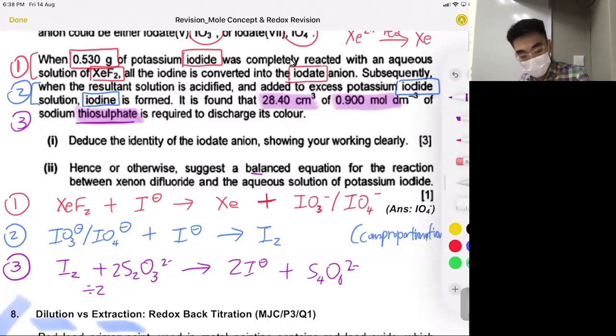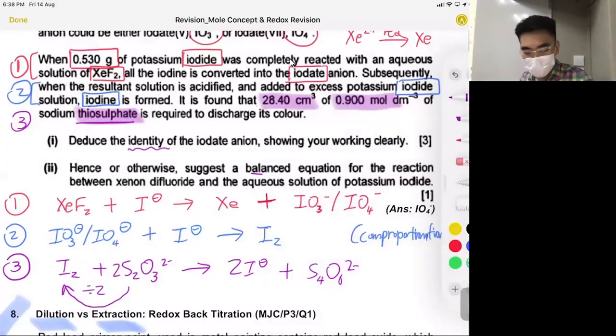So what's the objective of this question? If you read part A or part 1, they say deduce the identity. So I know this iodine moles here. That's why I'm circling here. I know the moles. I can find that out.